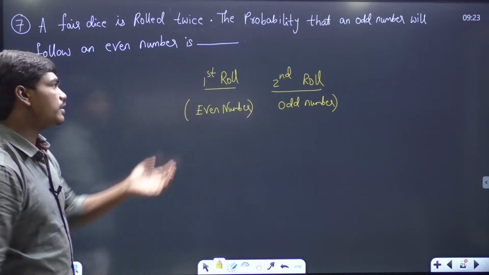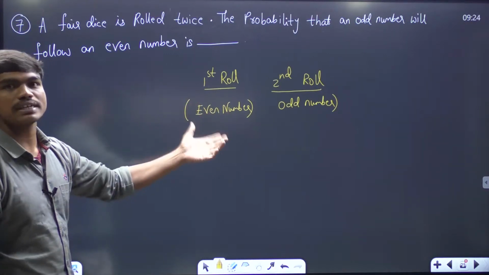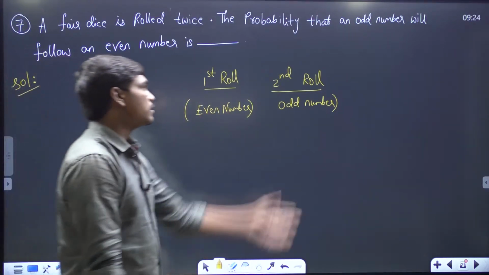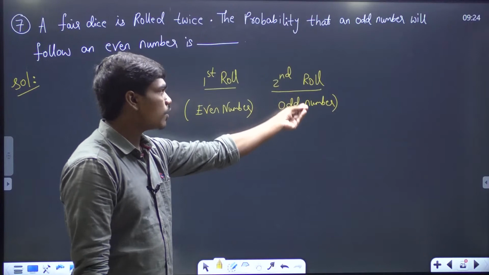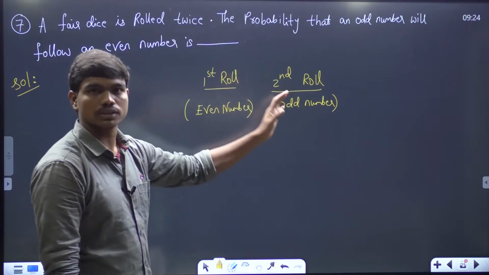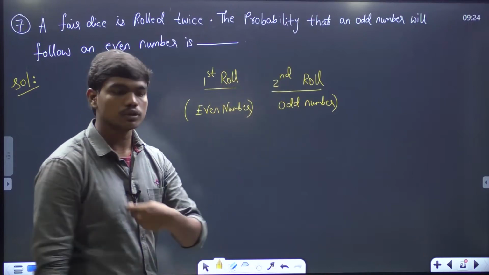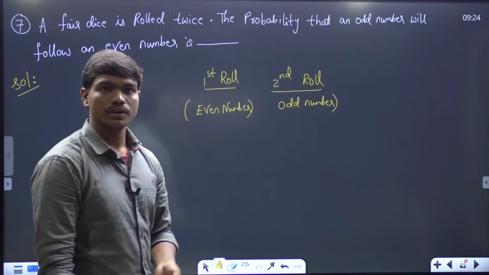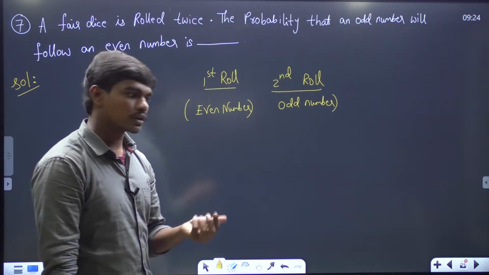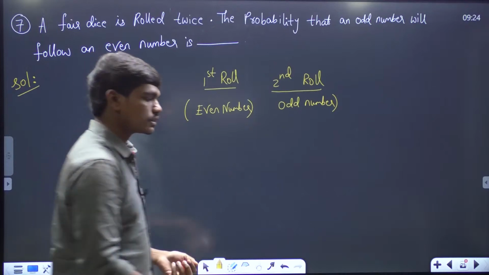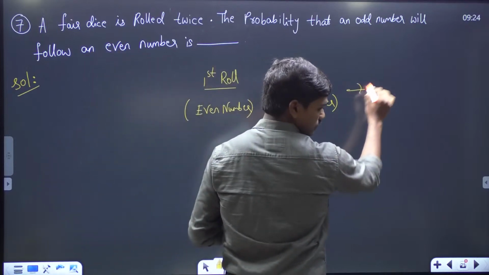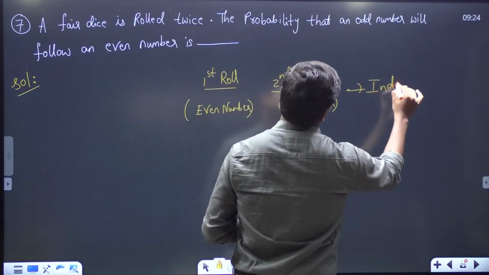Now tell me, are these two events dependent or independent? Is the outcome of the second roll depending on the first roll or not? When you roll a die 2 times, the second roll outcome is independent of the first roll outcome, correct? So these two are independent.